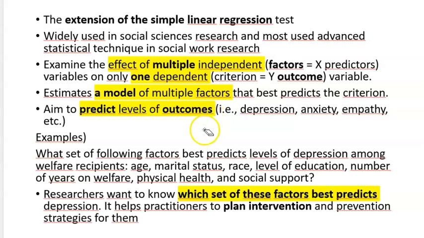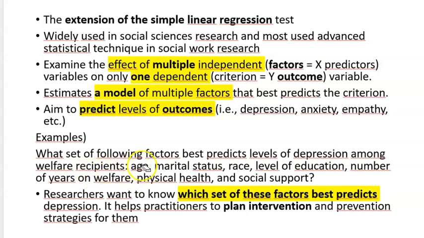So we use the ANOVA table for that, aiming to predict the level of outcomes, so that we can see how much depression, anxiety, empathy, etc. can be predicted or influenced depending on what kind of factors. For example, what set of the following factors best predicts the level of depression among welfare recipients?